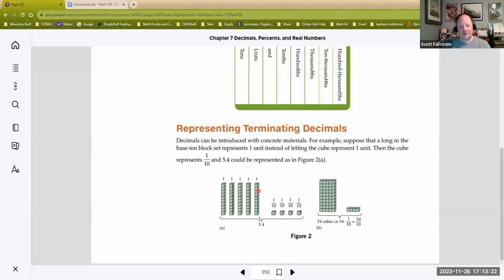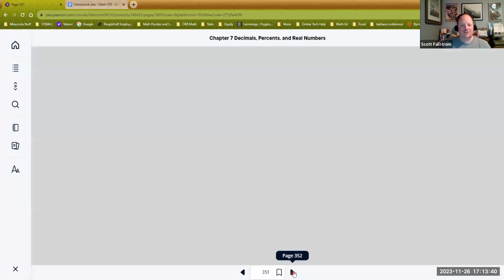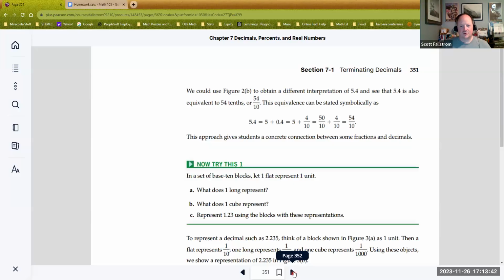Now your ones value is a rod, and then the little tiny cubes would be tenths. So if you're making 5 and 4 tenths, which is what we have here, 5.4, I'd have 5 ones and I'd have 4 tenths. So that's how you can physically represent it for students who are learning these pieces.